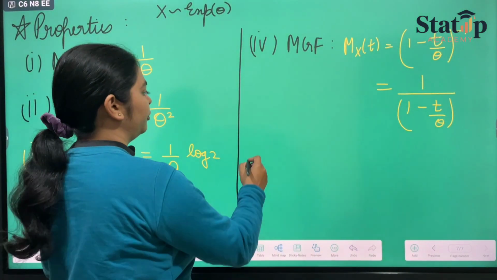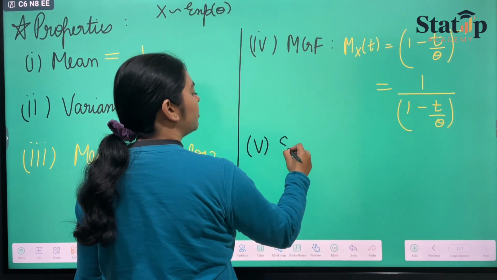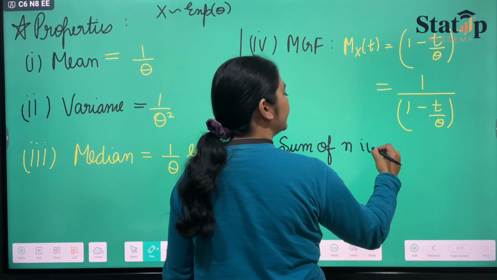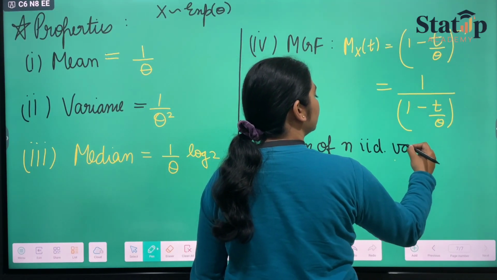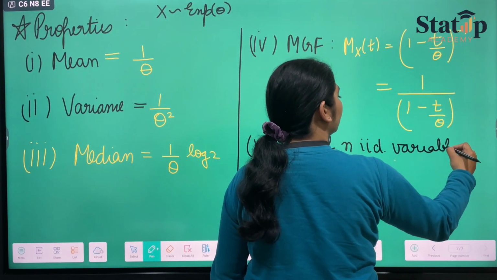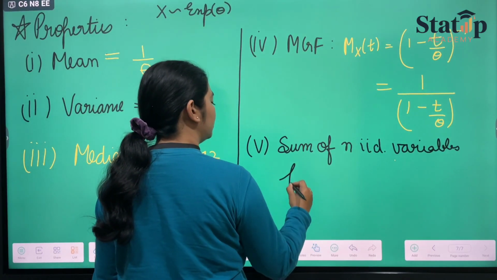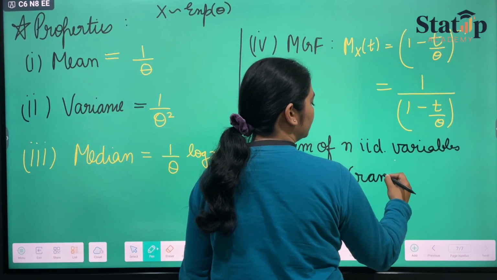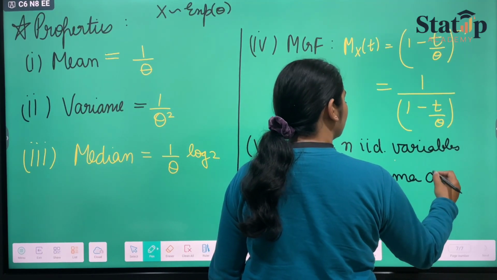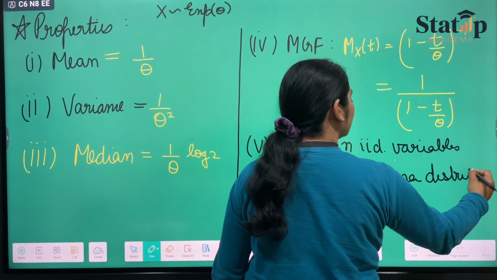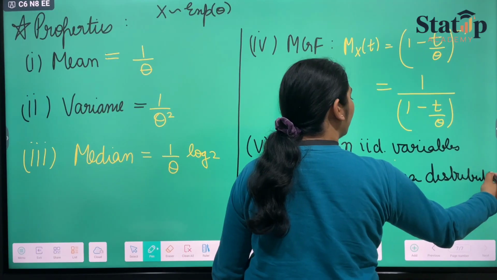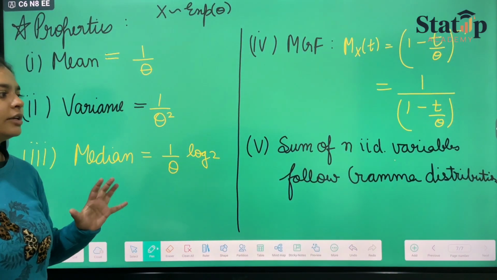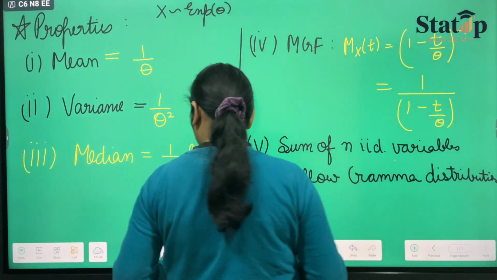And the fifth property is that the sum of n IID exponential variables follows a gamma distribution. This is an important concept.